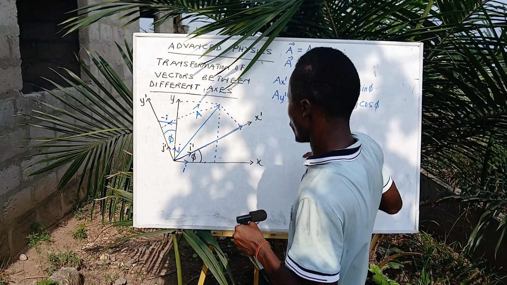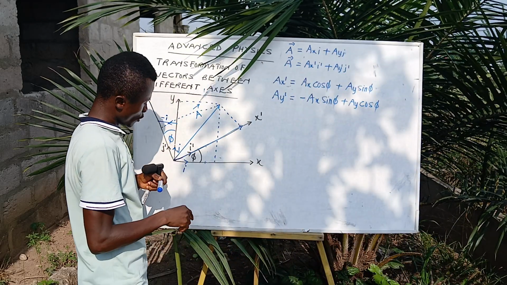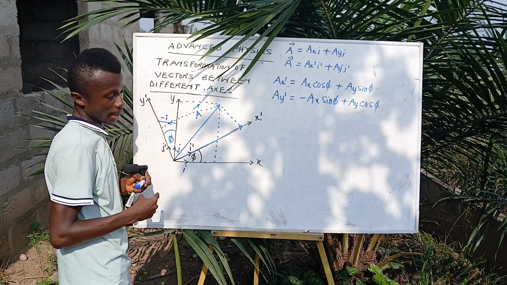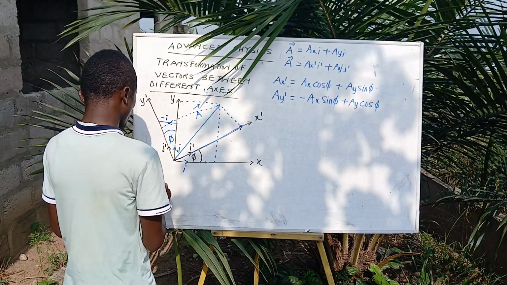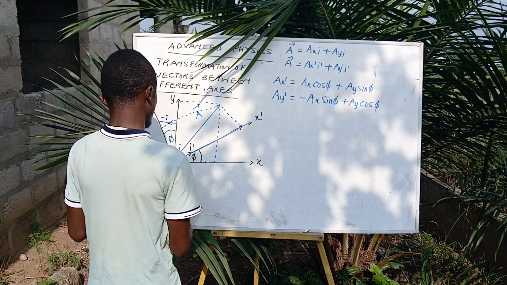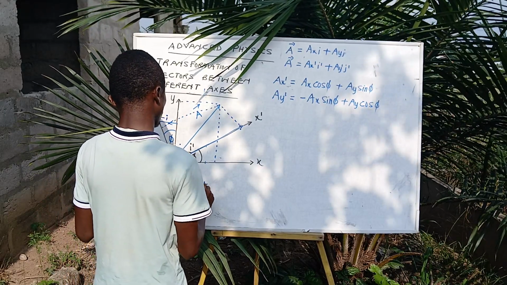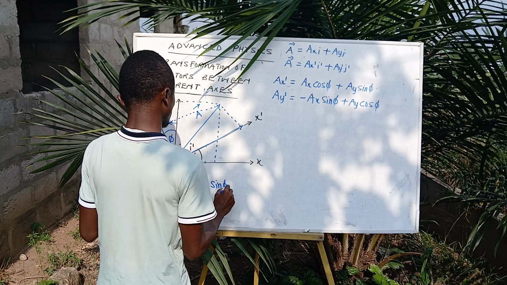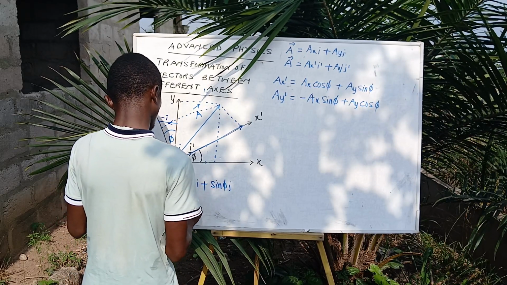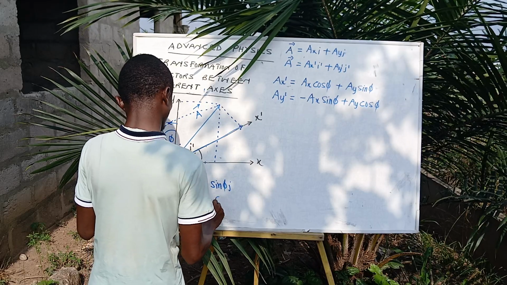Now we got this equation by first of all transforming i and j into i prime and then j prime. Now i prime is equal to cos phi i plus sine phi j, and then j prime is equal to negative sine phi i plus cos phi j.